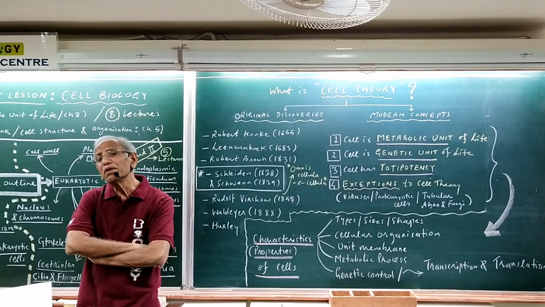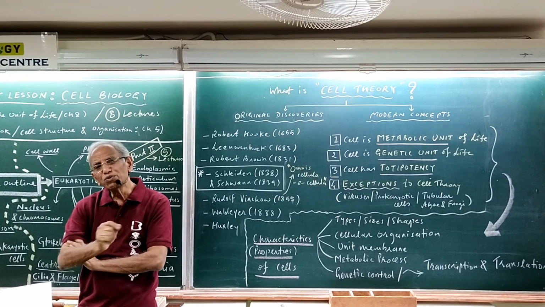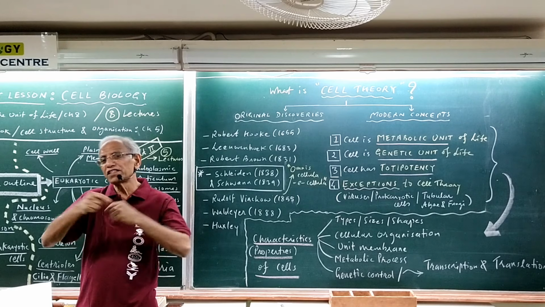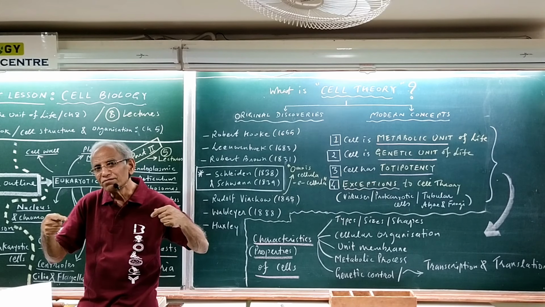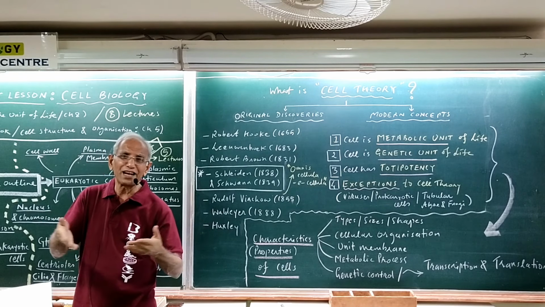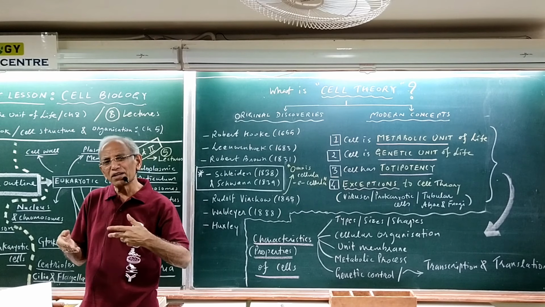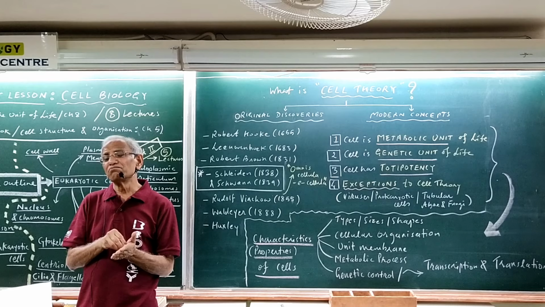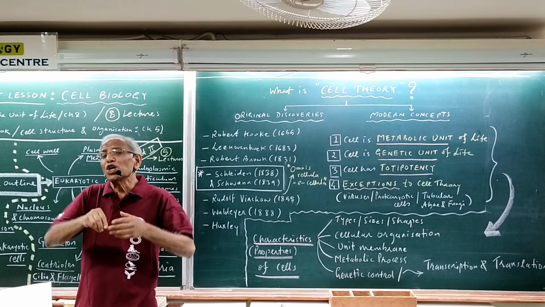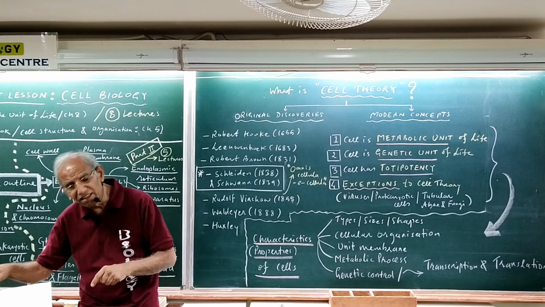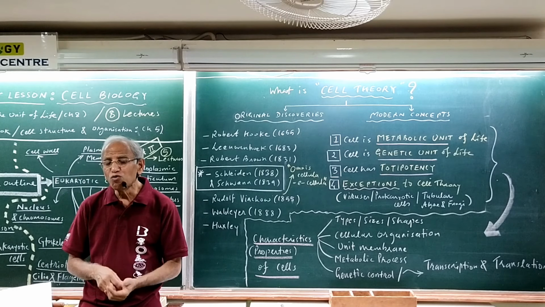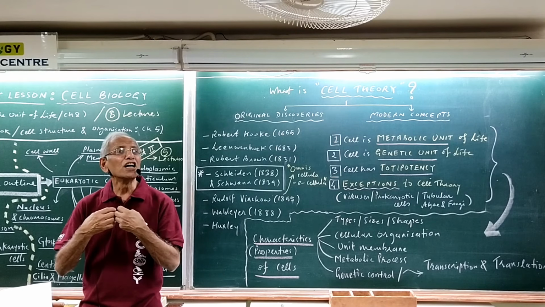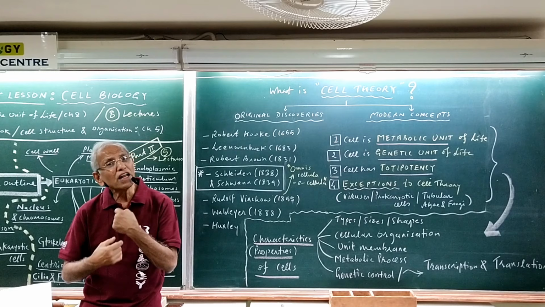You understand what you mean by unit? What is the unit of measurement of a scale? Centimeter. The regular scale that you are using, what is the unit? Centimeter, or at the most you can say millimeter. So just like centimeters and millimeters are units of measuring length, in a similar way, what is the measure for life?